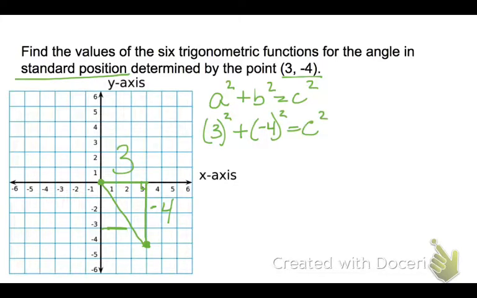And the c value is what we're trying to identify. So 9 plus 16 is, of course, 25. But I don't want c squared, I want c all by itself. So it is 5. So my hypotenuse is 5 units. We are going to take the positive value whenever dealing with the hypotenuse. So just keep it as +5.